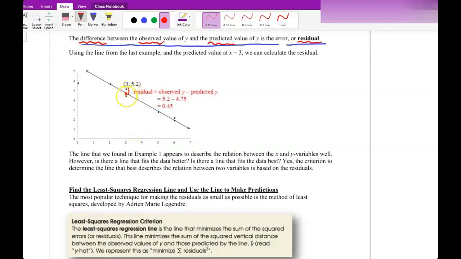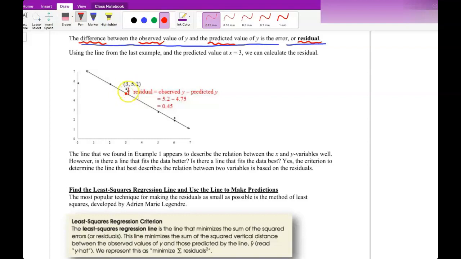Based on our graph, here we have that point as 3, 5.2. So that is 3 and 5.2, and the other one 3, 4.75.